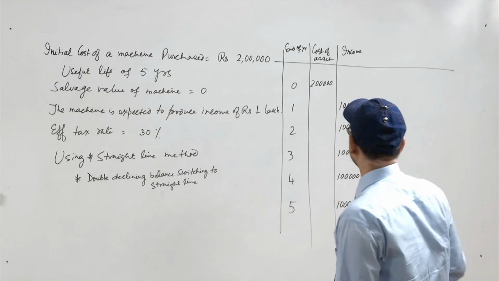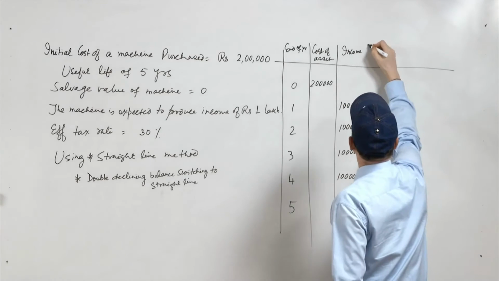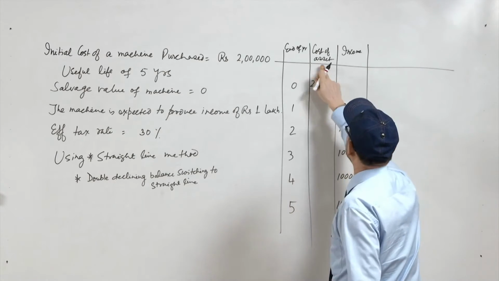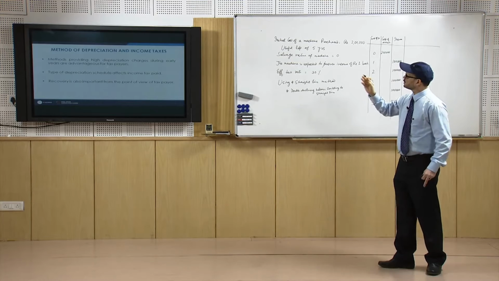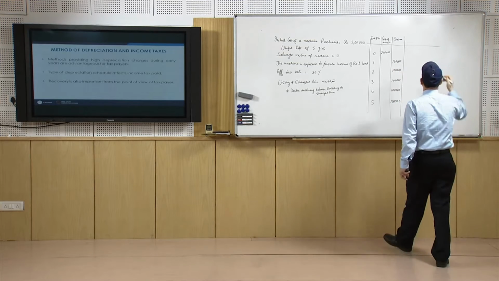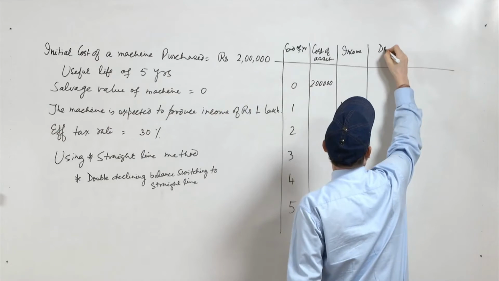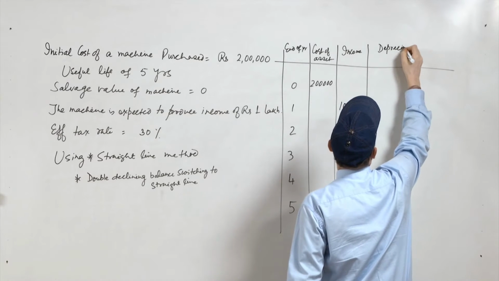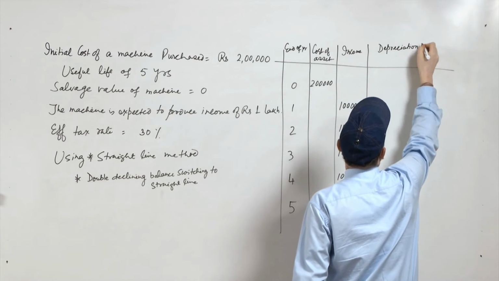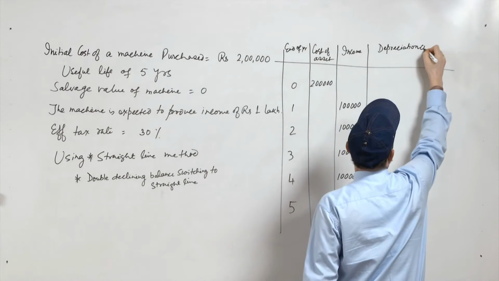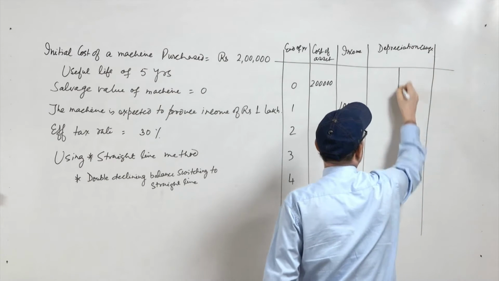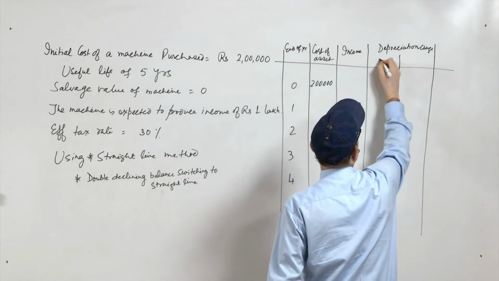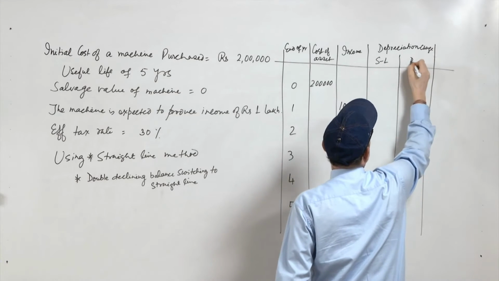Now, the cost of the asset is to be depreciated using the two methods. So, depreciation charge will be calculated using straight line and using double declining balance.